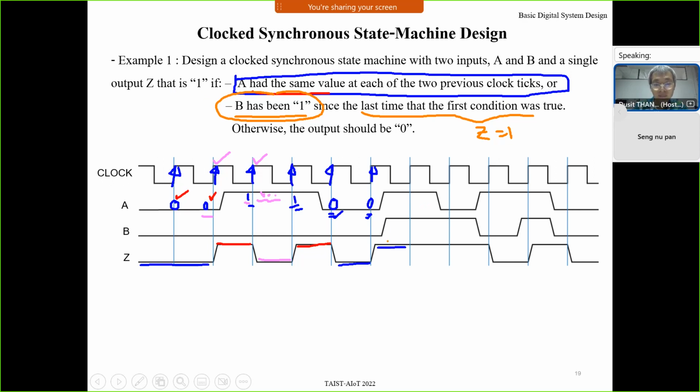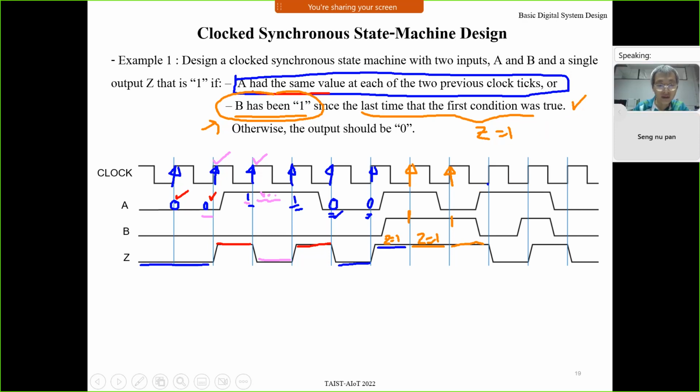For example, when clock tick at here, now output Z is 1, right? And B is 1. So you cannot consider the value of A. By this condition, the output Z still is 1. Okay, clock tick at here, B is 1 and output Z is 1, so output still is 1. This is the second condition.